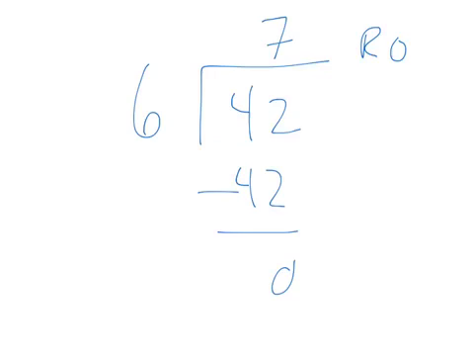Now, let's do one example of synthetic division real quick, but I need to mention one thing. If I give you a problem with long division and the divisor is a binomial, you should be able to do it with synthetic also.